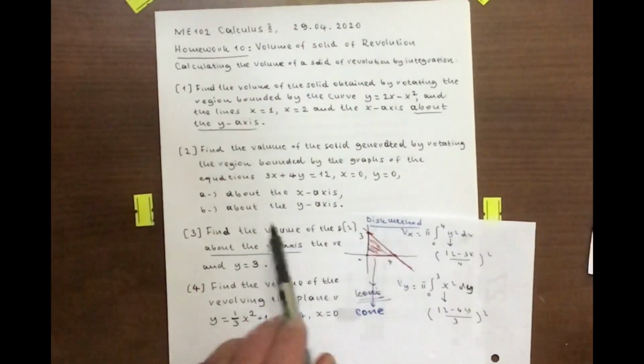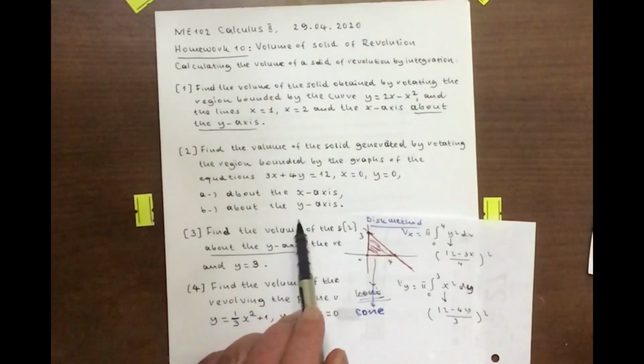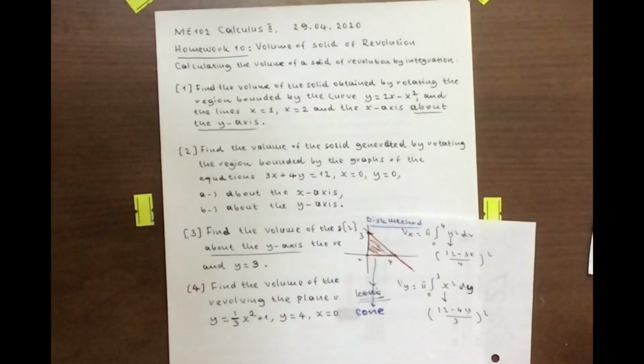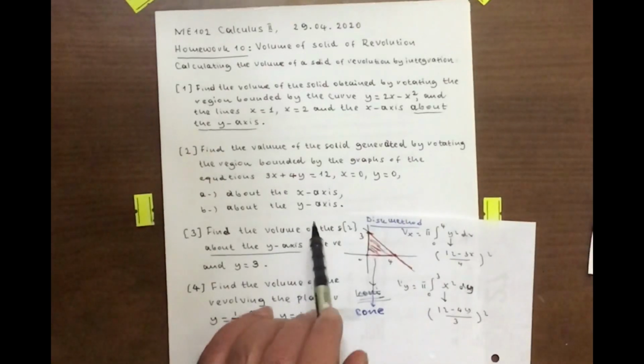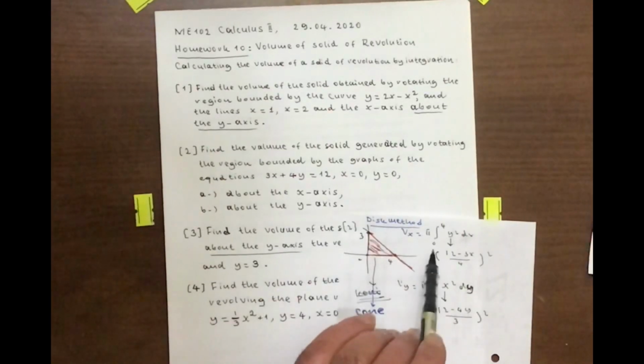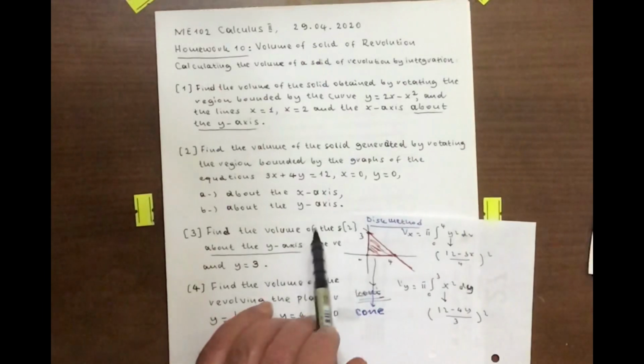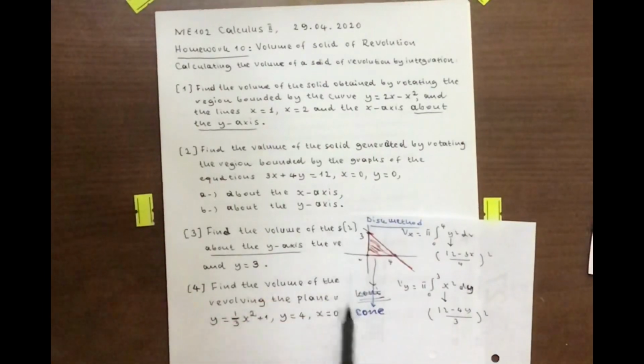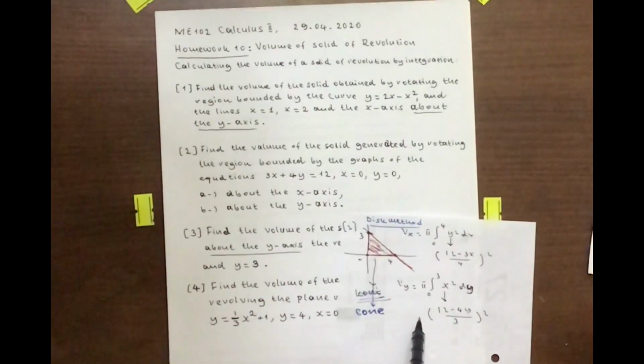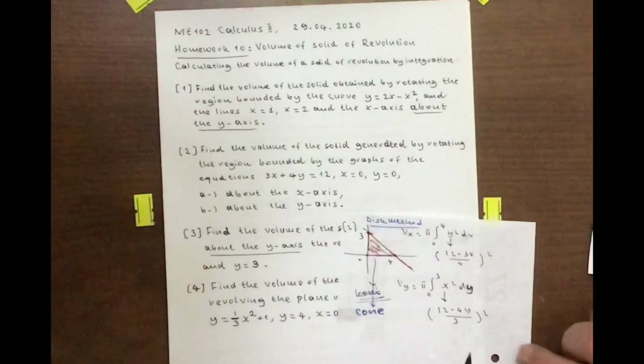As you can see, our axis of rotation is the x-axis for the first one, and the y-axis for the second one. In terms of the y-axis, our volume is given by this formula.